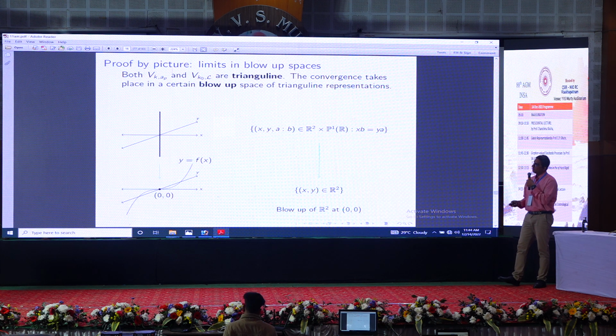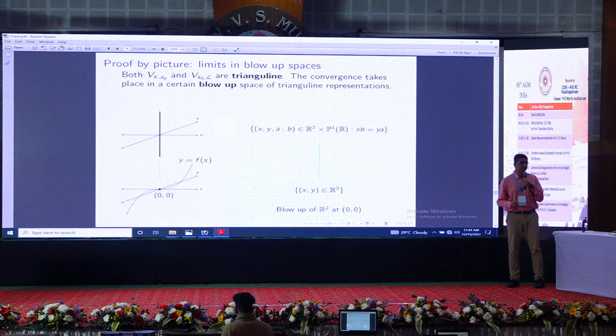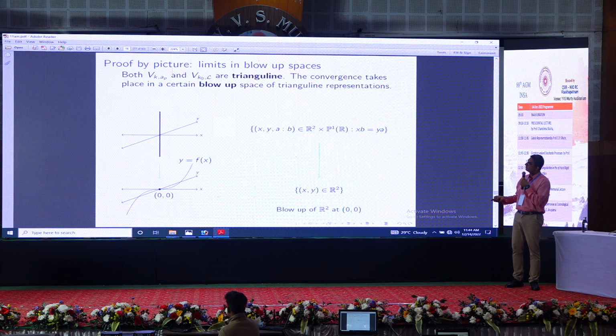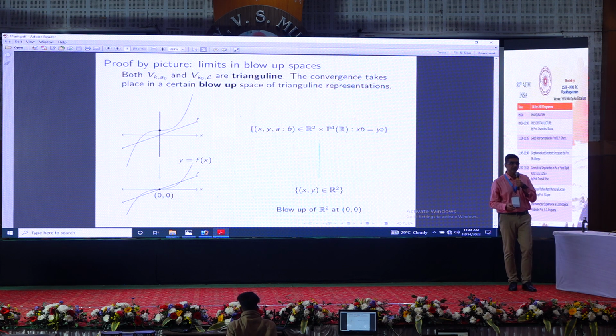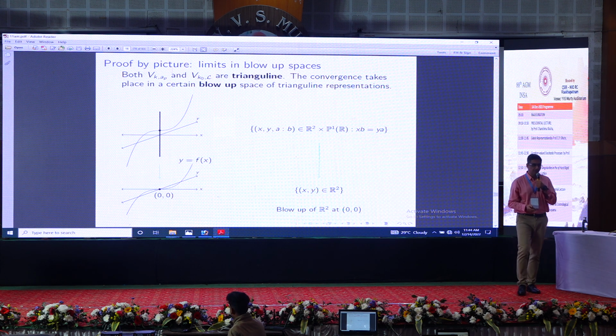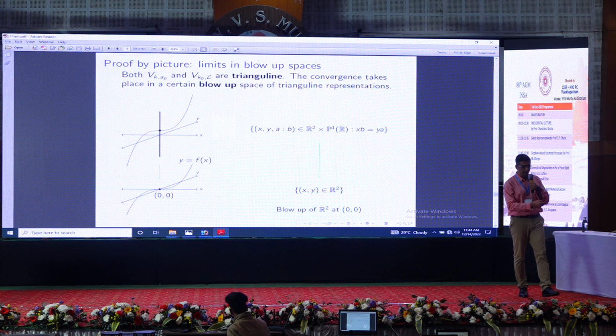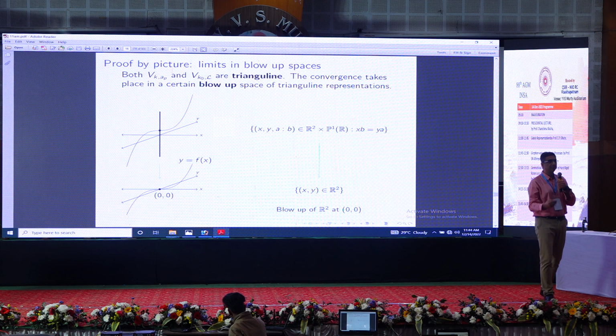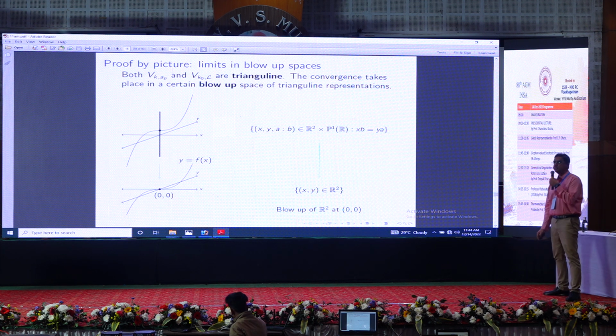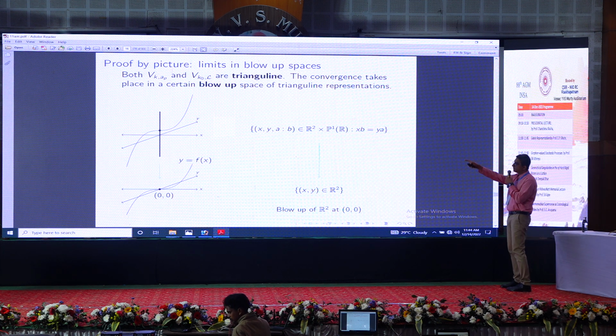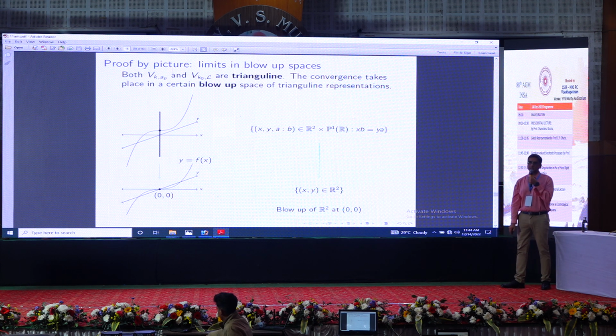Moreover, if you take a curve downstairs, y equals f of x, you can ask, what is the lift of this curve to the blow-up? So it lifts to some curve, but it doesn't pass through the origin anymore. So this is the weird thing about blow-ups. When you look at the lift upstairs in the blow-up, it goes through that black dot upstairs, but that's not x, y, z equals 0, 0, 0.